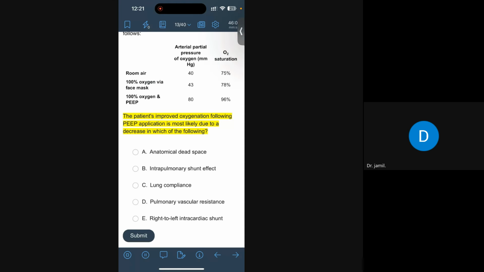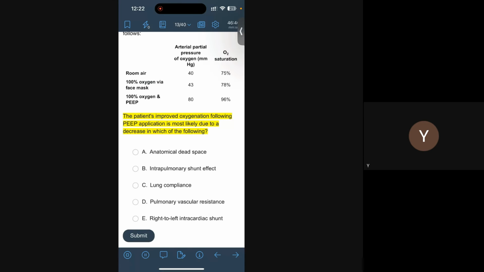Usually it is lower, but here we keep the end expiratory pressure higher. Why do we keep it higher? To prevent the alveolar collapse, so the alveoli will be fluffier than normal and do not collapse. Usually, during the end of expiration the pressure is very low, and there is a very high chance of alveoli collapsing.